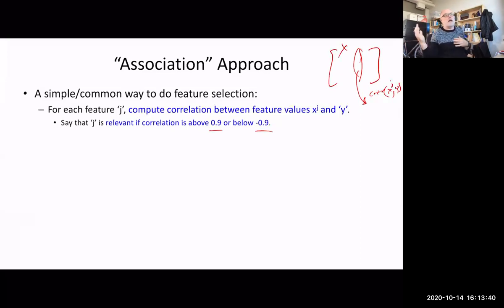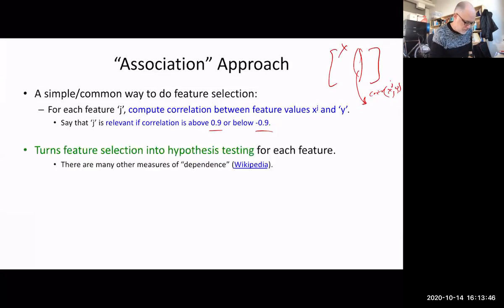So it's highly correlated or anti-correlated. Anti-correlated features are just as good because you put linear weights on them that are negative, and it's fine. Basically, this turns feature selection into some sort of hypothesis test for every feature.